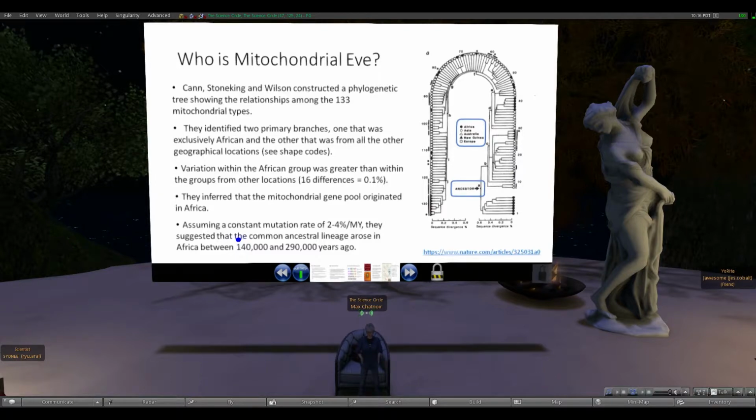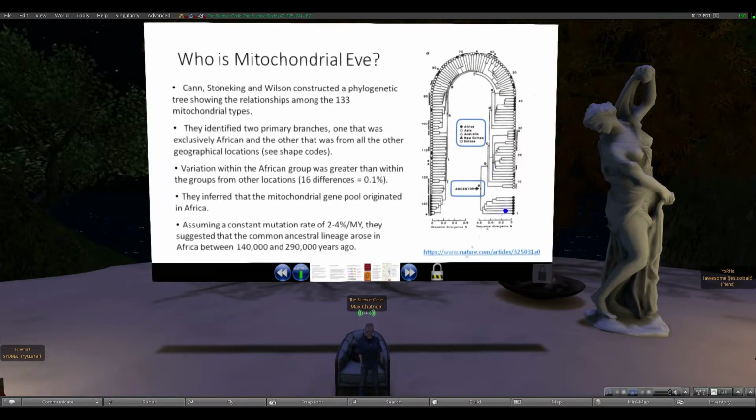So they identified two major branches of the tree. I don't know if you can see these little symbols here, but these represent the countries that the different mitochondria came from. And the African symbols are filled circles. So they found that one of the two branches consisted only of African sequences, and the other main branch consisted of everybody else, of some African and some non-African sequences.